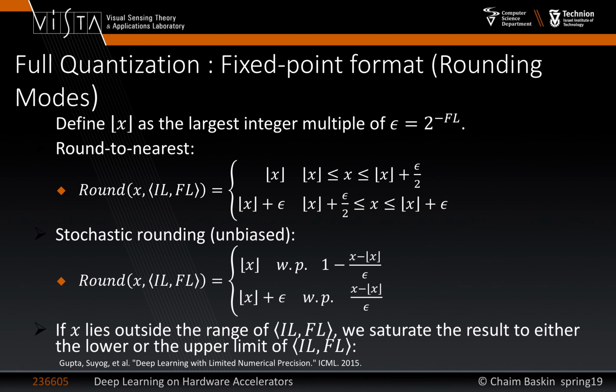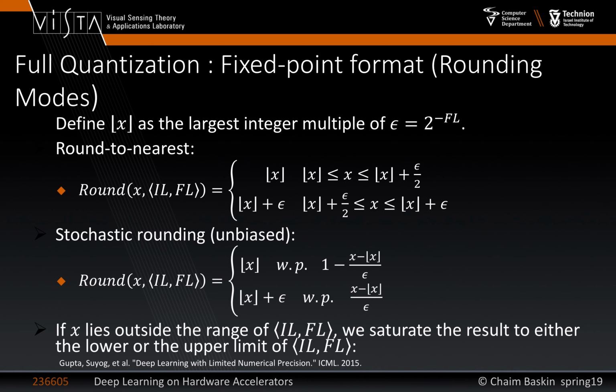So this work proposed to use this relaxation. In the forward step, we use the discrete numbers, and when we want to do backprop, we use this relaxation for updating the parameters. Okay, questions?